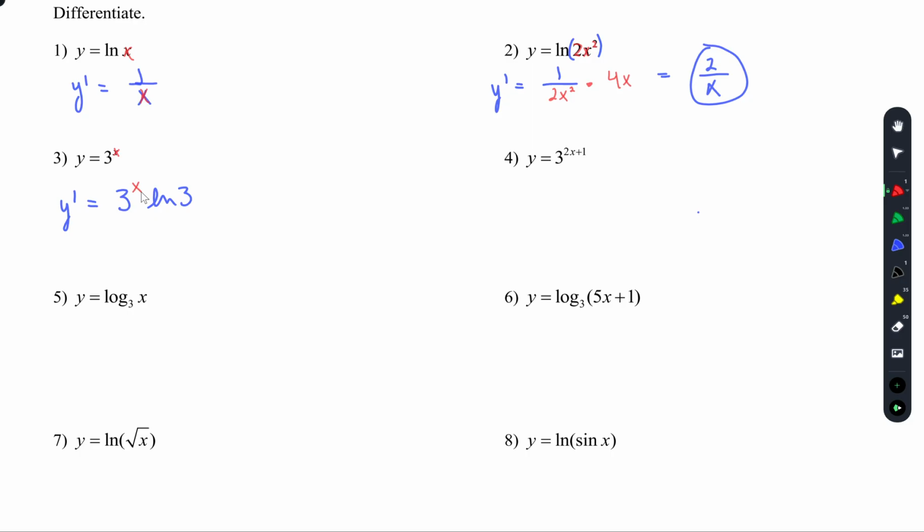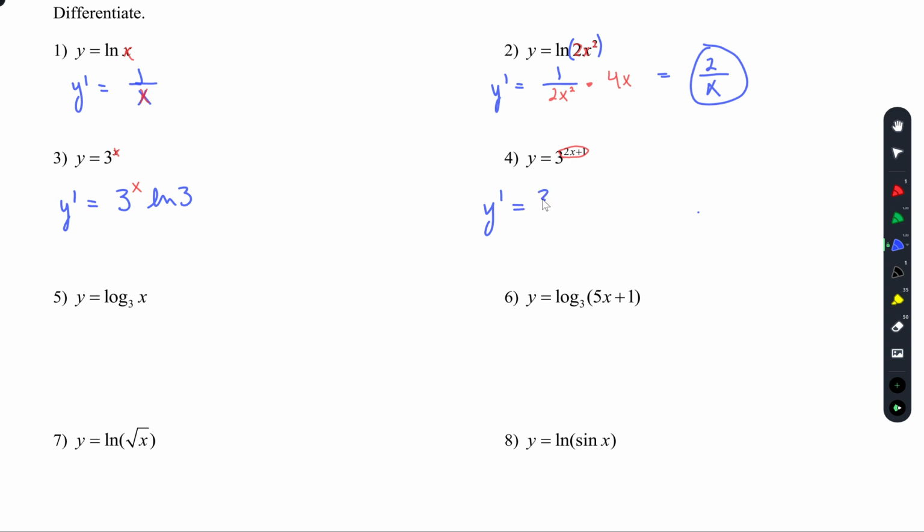If I need to do chain rule on x, derivative of x is 1. So I'm not going to write that because it's a waste of time. This guy, the number 4, is all fancy in the exponent. So this guy is a little fancy. We've kind of done these types already, but if you follow the same vibe, it'd still be 3, but instead of the x power, it's going to be this junk.